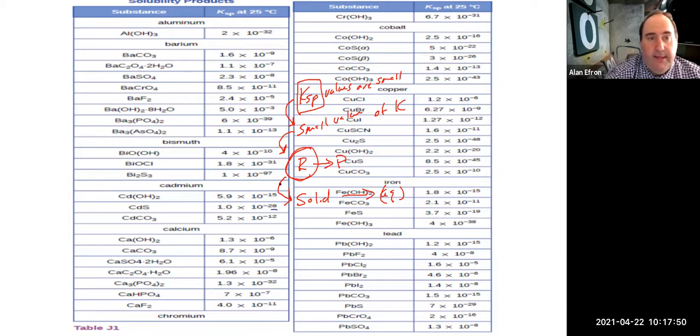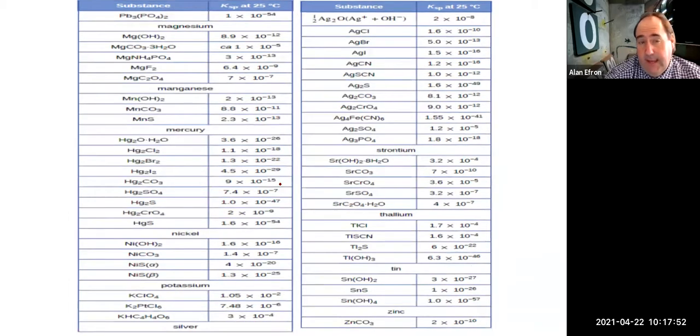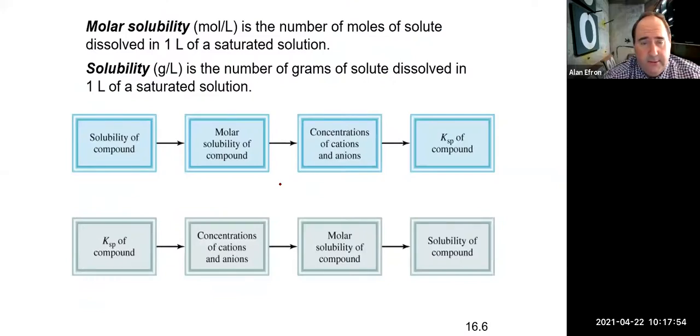Okay, so then let's get into some calculations that are often done in these types of problems. The first thing we sometimes want to find is what is referred to as the molar solubility. The molar solubility is basically the number of moles of a solute. Remember, when we talk about a solution, there are two parts to it.